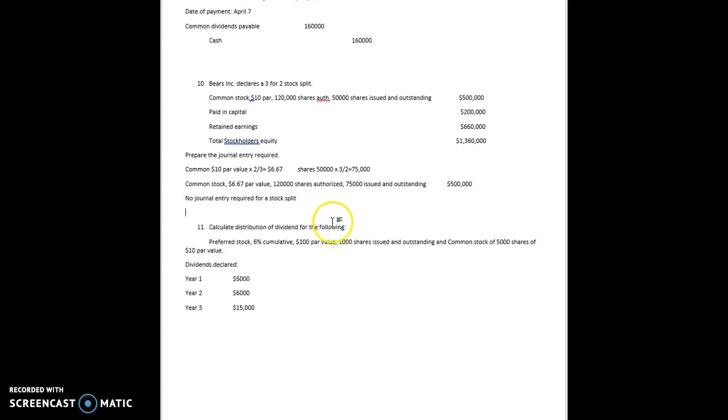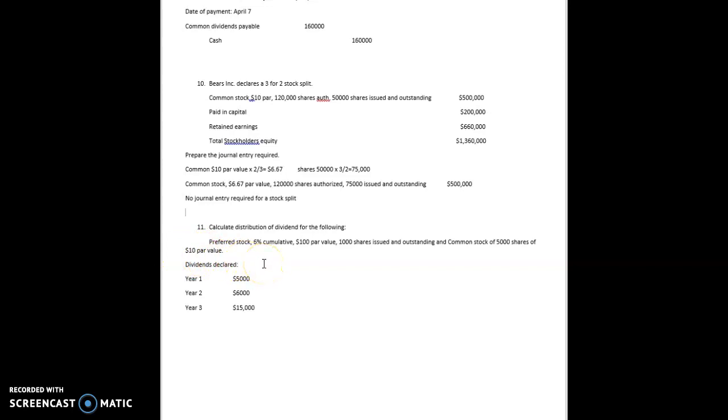So number 11, it says that we want to calculate the distribution of dividends for the following. So we have preferred stock that has a 6% cumulative $100 par value. There are 1,000 shares issued and outstanding, and we have common stock with 5,000 shares of $10 par value.